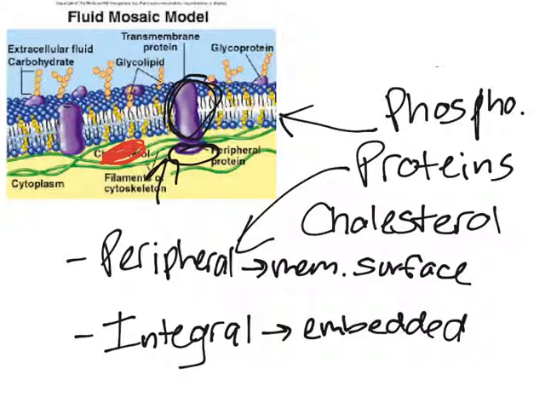And so to get a good idea of how much phospholipids the membrane is composed of, 70% is phospholipids, and then cholesterol makes up 20%.